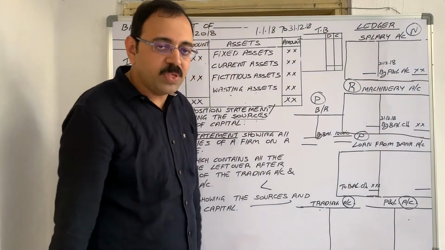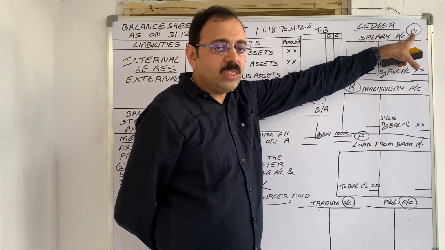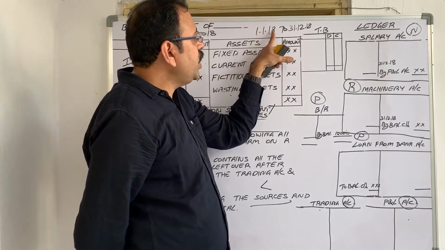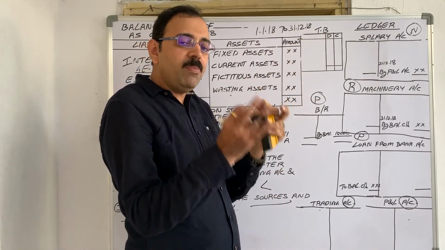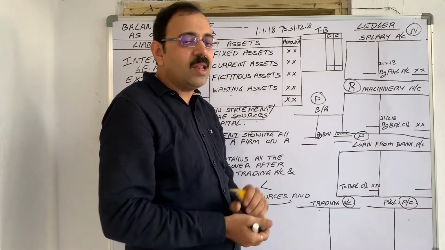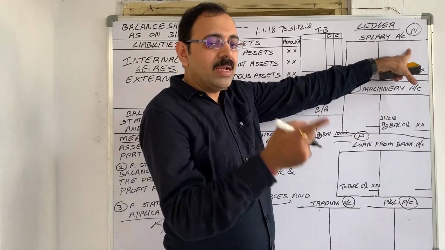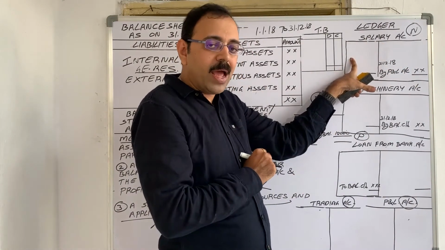If you carefully observe, salary, nominal account, in case of nominal account, from 1st January 18 to 31st December 18, whenever we pay salary, we post in that salary account. Every month, we calculate balance carried down, and for next immediate month, we carry forward that balance.